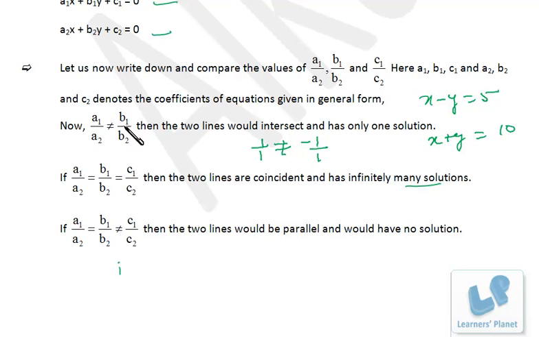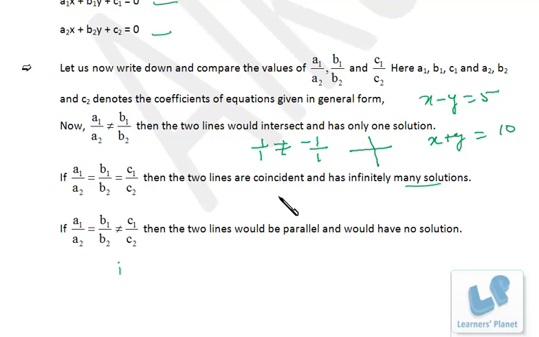Just by looking at the relationship, we can come to know that this system of equations is consistent and it will give only one solution. That means the two lines will intersect each other at just one point.